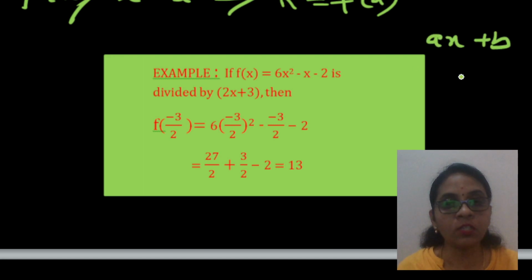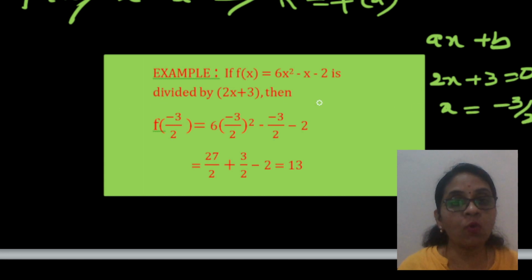Now, equate this 2x plus 3 to 0. If I equate 2x plus 3 is equal to 0, what is the value of x? Minus 3 by 2. So, what will be the remainder? The remainder is simple. It is nothing but f of minus 3 by 2. Is that clear? It is f of minus 3 by 2.